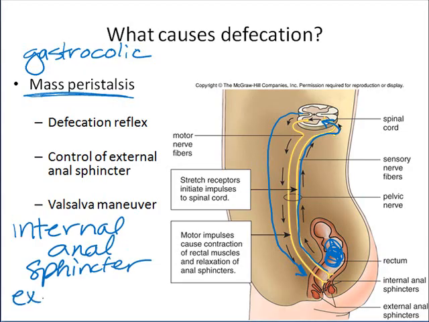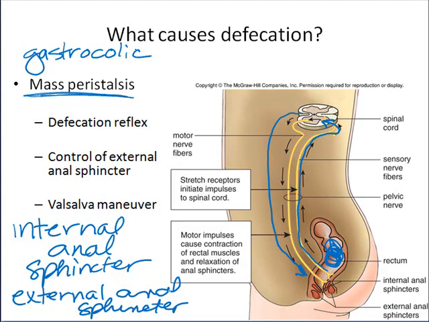Now, the external anal sphincter also gets a signal to relax, but our higher order centers of the brain can override that signal and basically control the external anal sphincter, keeping it in a contracted state and only permitting it to relax when it's socially appropriate to defecate, so only when you're in the bathroom.